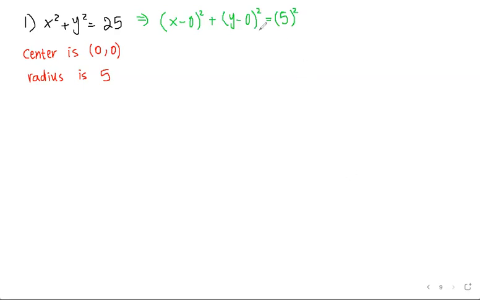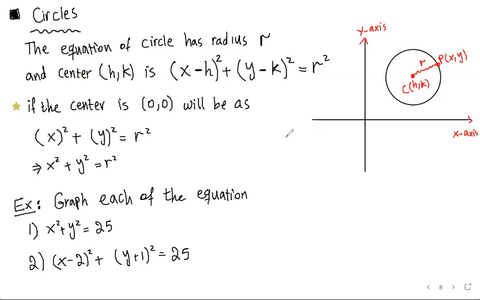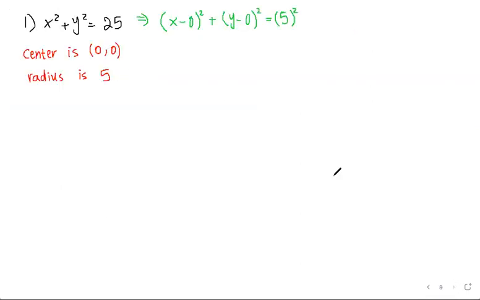Now look, this equation is similar to this one. So my h is 0, my k is 0, my r is 5. So the center is 0, 0, and my radius is 5.